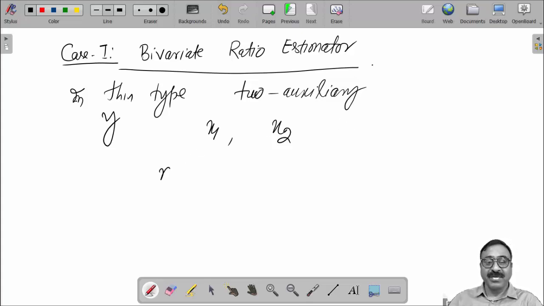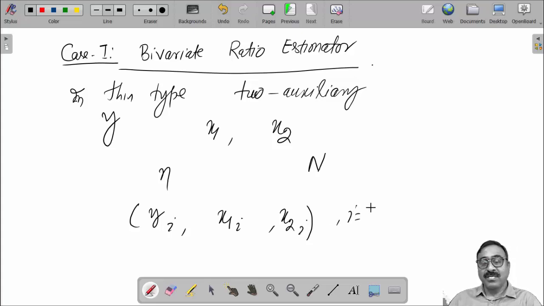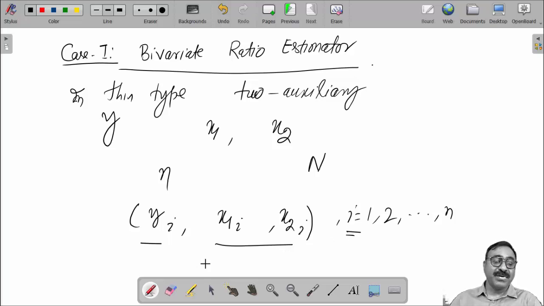A simple random sample of size n is selected from the population of N units, and we denote y_i, x1i and x2i, i equal to 1 to n. This is the value of the study variable and the two auxiliary variables for the ith unit in the sample, and this is observed.